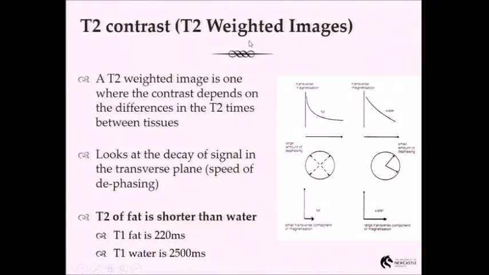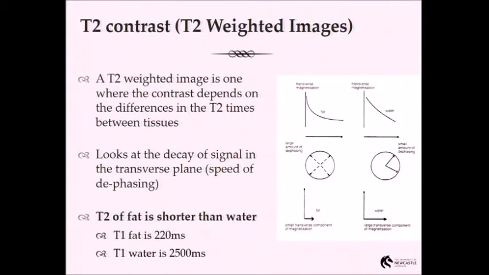So T2 weighted scans are based around that T2 contrast mechanism. A T2 weighted image is one that really demonstrates the differences between the T2 relaxation times of tissues. So remember that T2 relaxation time is about loss of phase coherence of individual spins.